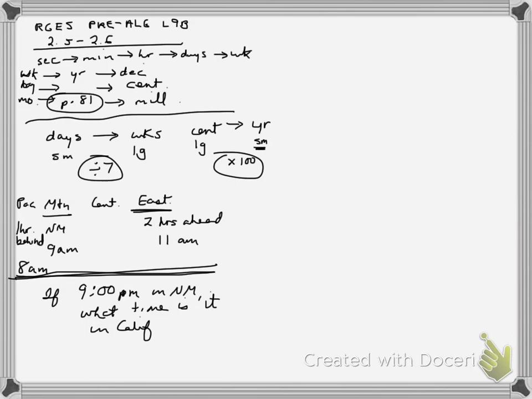And I would expect you to know that it would be 1 hour earlier, or 8 p.m. I could also ask you, what time zone is New Mexico? And that would be the Mountain Time Zone.